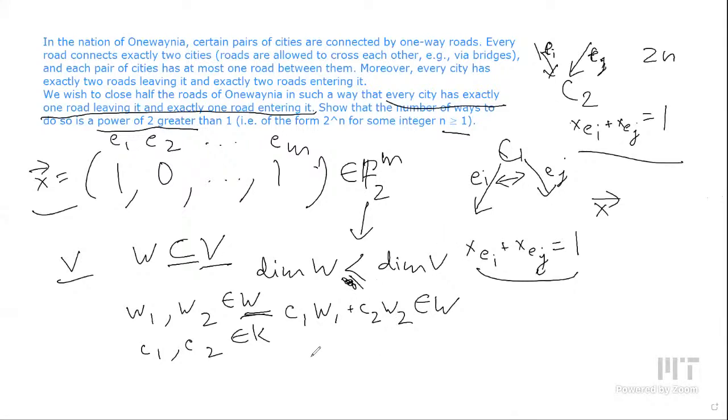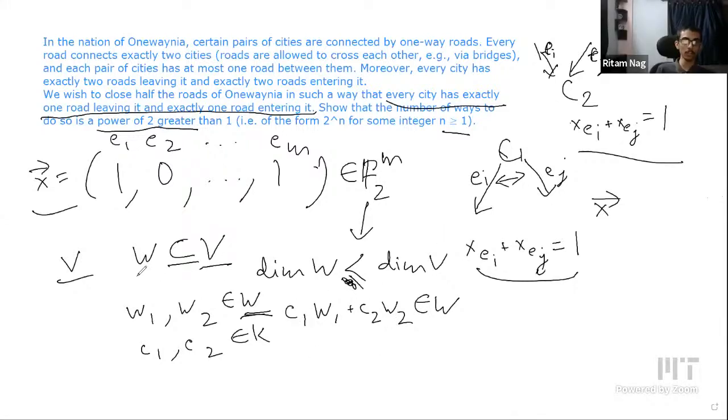Okay, so you get my point. W is a vector space by itself, if you forget about V, and W is a subset of V. In that case, we call W a subspace of V.